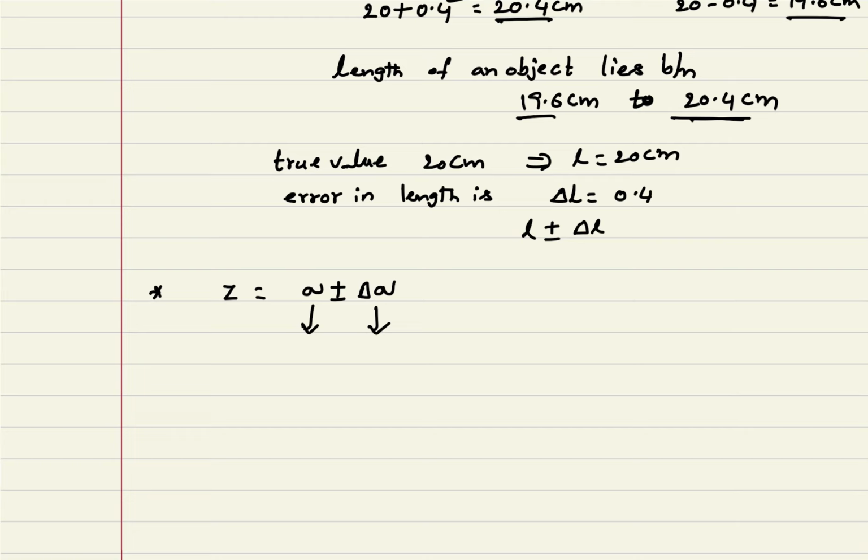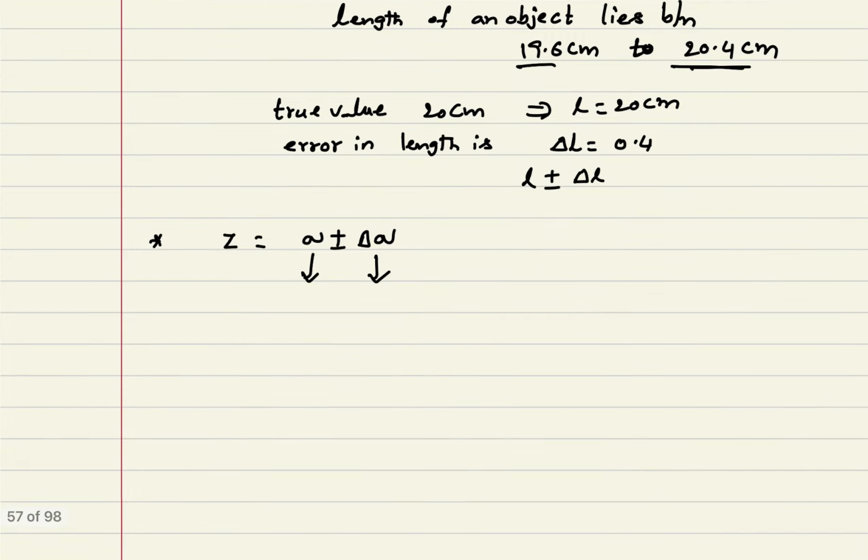Similarly, for addition of two measured values, subtraction of two values, the mean value, mean absolute error, as well as relative error and percentage errors, if you want to calculate, we can use some relations we can see here.